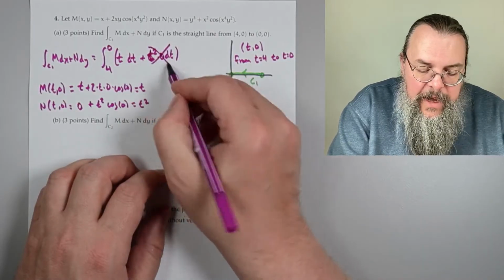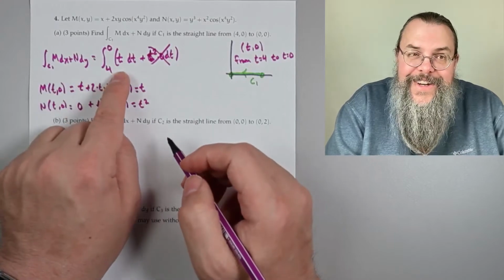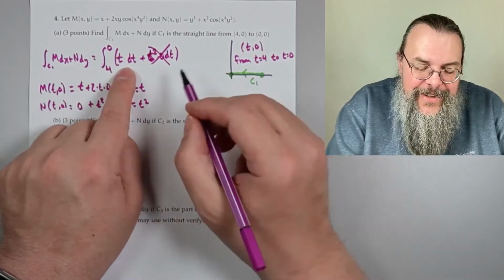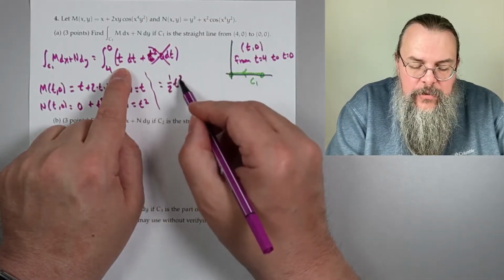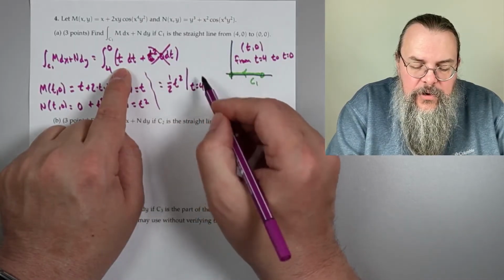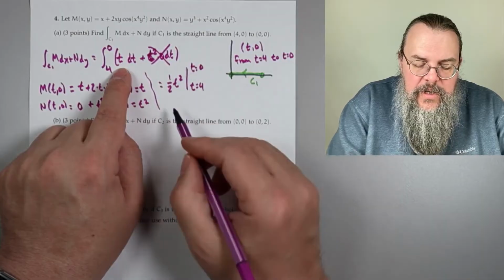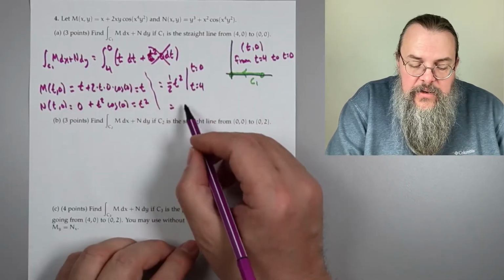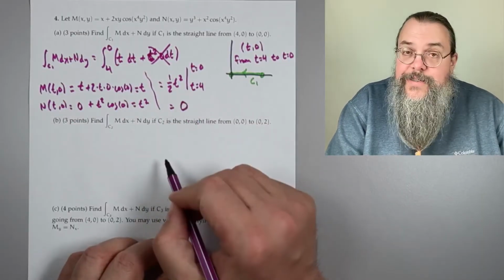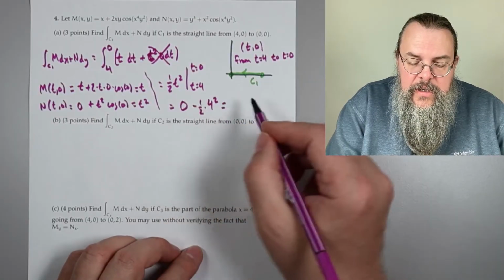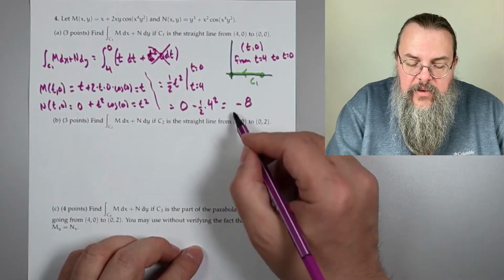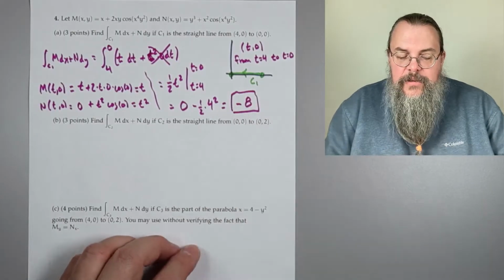But of course, that's out. So that's an integral we can carry out. We have 1/2 t squared evaluated from t equals 4 up to t equals 0. Plug in the top, you get half times 0 squared, which is 0. Subtract 1/2 times 4 squared, leaving us with -8.